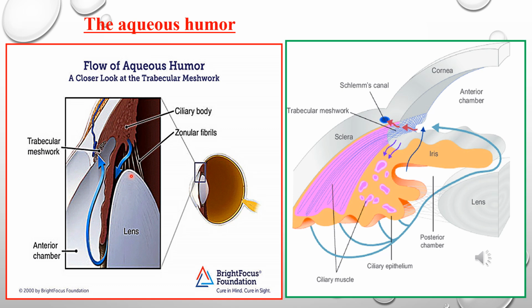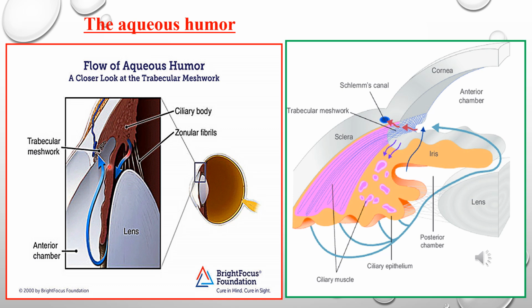It is produced mainly by diffusion from the capillaries of the ciliary processes of the ciliary body and the inner non-pigmented epithelium in the posterior chamber. It reaches the anterior chamber through the pupil. So it is produced by ciliary processes, enters the posterior chamber and passes through the pupil to the anterior chamber.